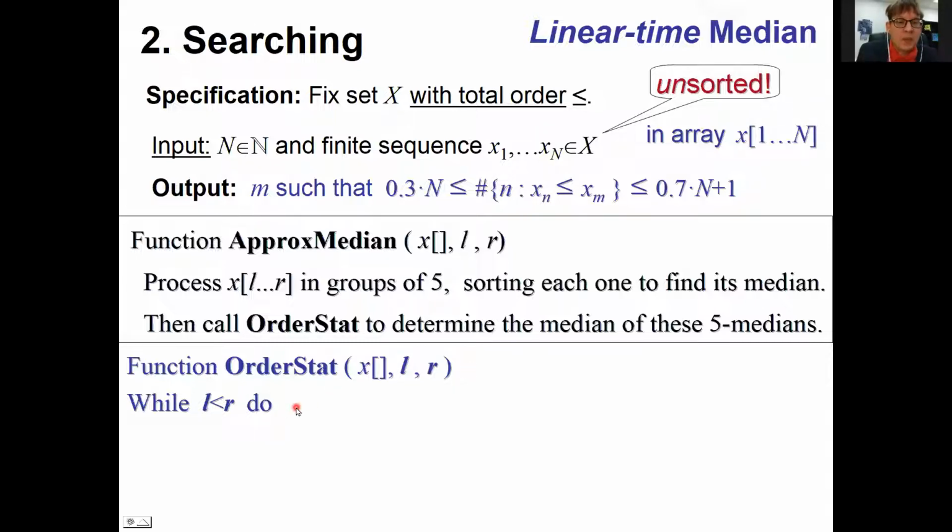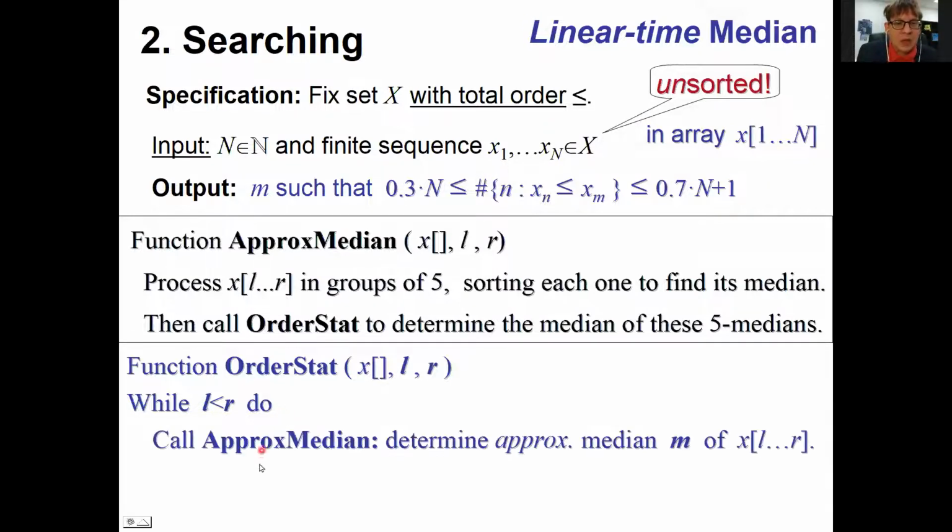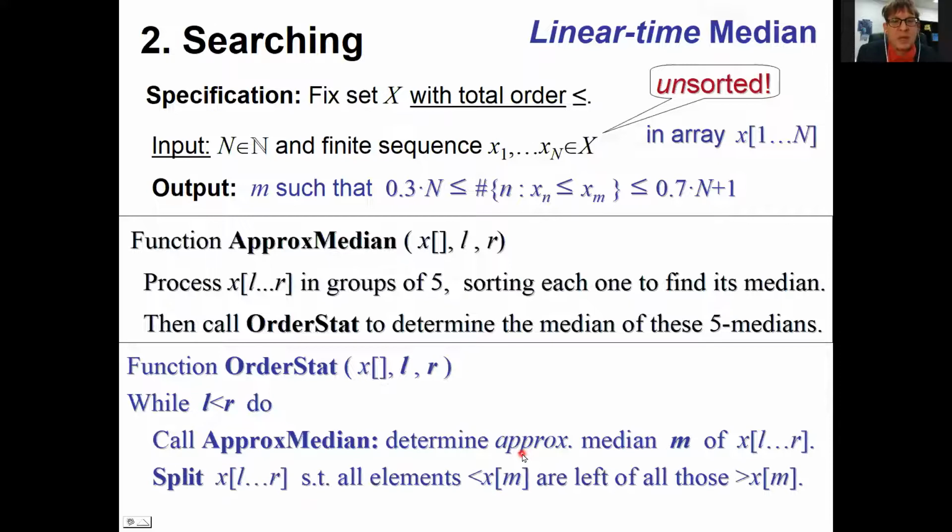And the algorithm uses a loop to calculate the approximate median. So it now calls this algorithm we just designed to calculate an approximate median of this array. Okay. And then it uses the approximate median to split the array, to put all elements that are less than the approximate median to the left of the array, and all that are greater to the right of the median.